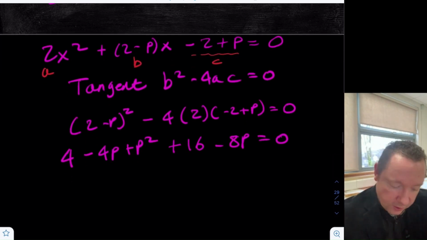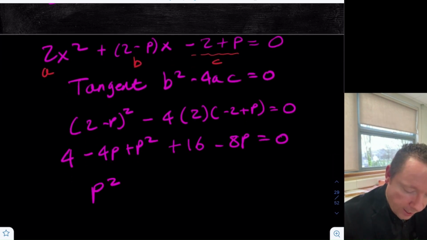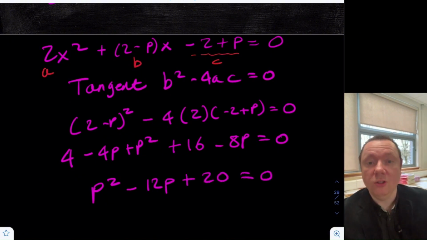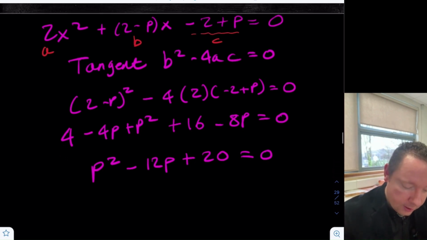Continuing on to solve this then, we've got p squared minus 12p plus 20 equals 0.